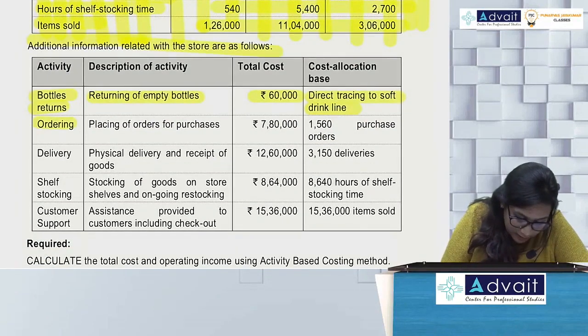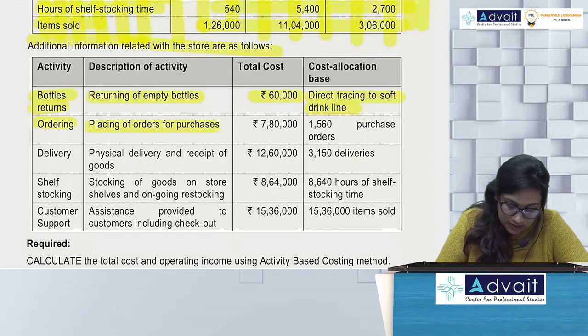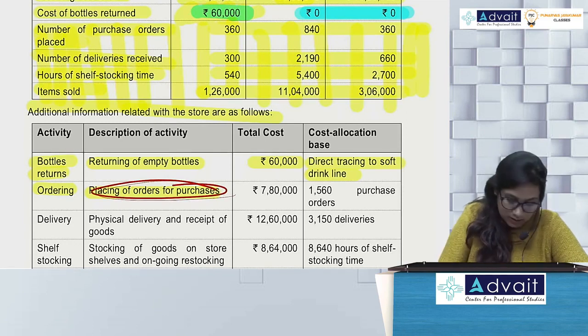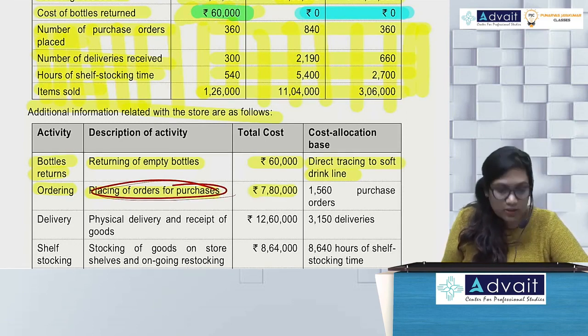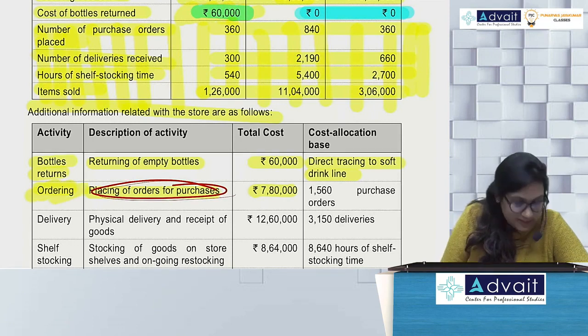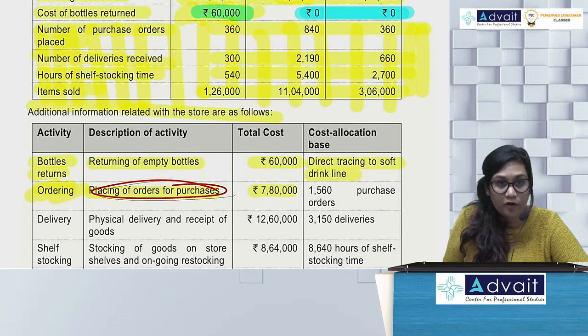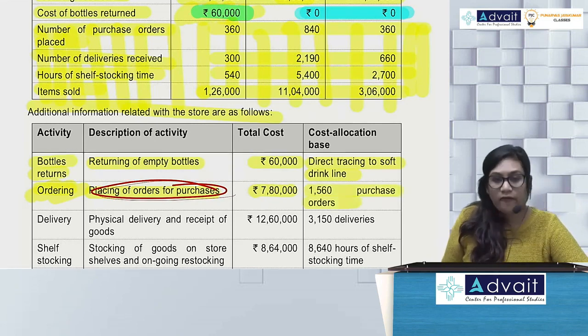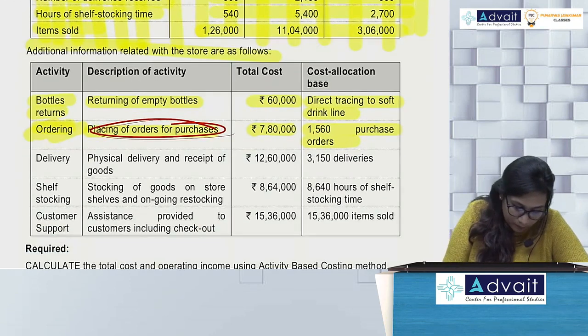Next, ordering, placing of orders for purchases. So here what is my cost driver? The number of purchase orders. They've given us the cost which is associated with this activity. Cost drivers we already know, the total number of purchase orders, and that they have given as 1560 purchase orders.